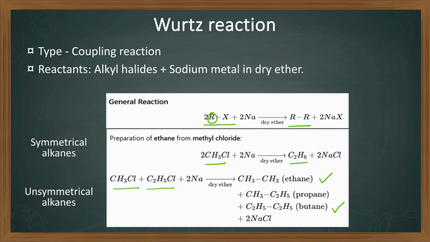When methyl and ethyl groups combine, that produces propane. So, such a mixture of products is obtained, and this leads to the production of unsymmetrical alkanes as well. So, by using Wurtz reaction, we can produce symmetrical alkanes as well as unsymmetrical alkanes.